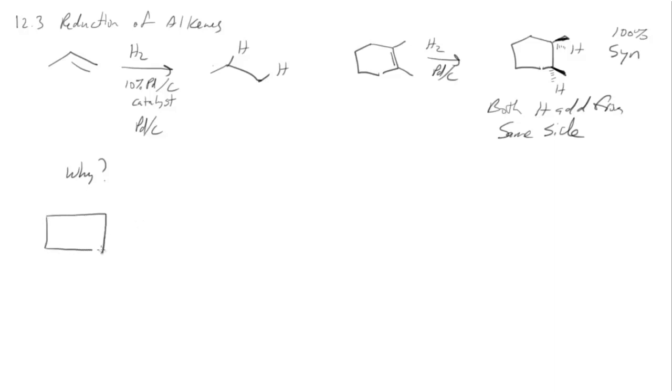Well, there's probably better drawings of this in your book, but I'll try and draw it for you. What happens is that this is the metal surface, and the hydrogens get attracted to the metal surface. So here are 2 hydrogen atoms absorbed onto our metal surface.